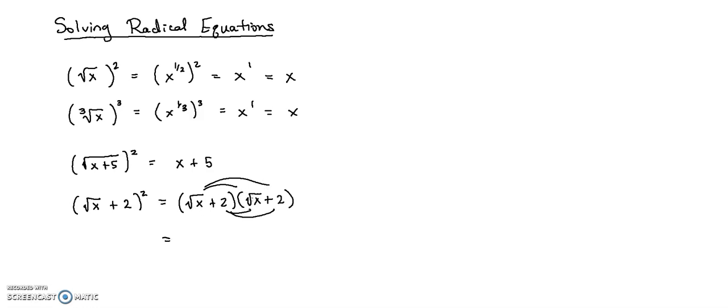So we'd have square root of x times square root of x, which is just x. We'd have plus 2 square root of x, plus 2 square root of x, plus 4. We can put these together because they're like terms: 2 square root of x and 2 square root of x is 4 square root of x. And then plus 4.